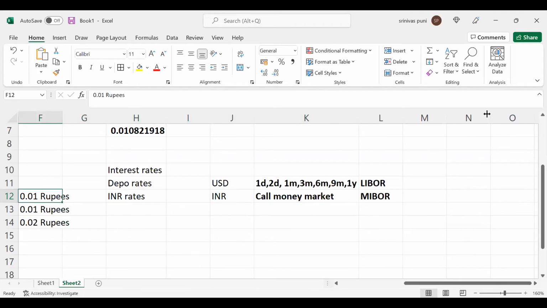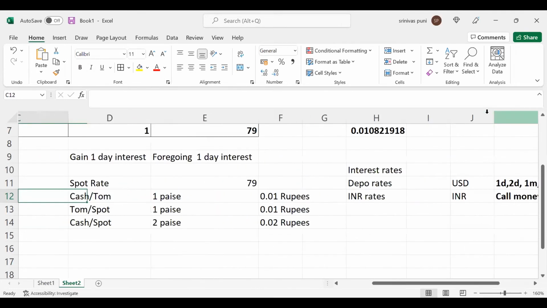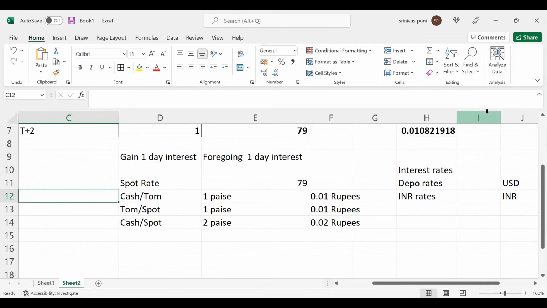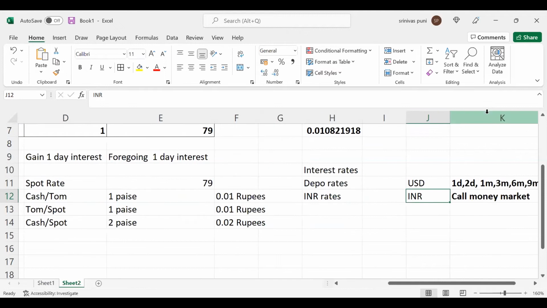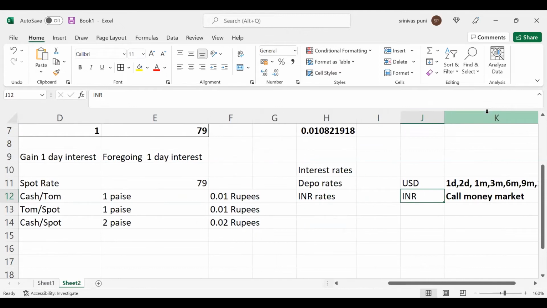So the point that we have to be very aware of here is that there's a logic to all this that I'm talking about. What is the logic? If the spot date is your cutoff, I'm talking about dollar rupee here, that means the default rate for spot date is known to you. Let's say 79 in this example.